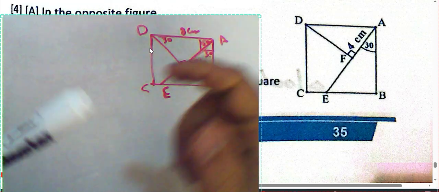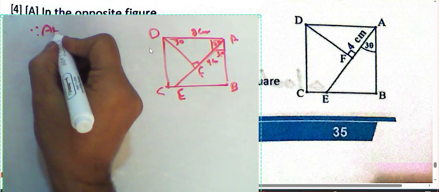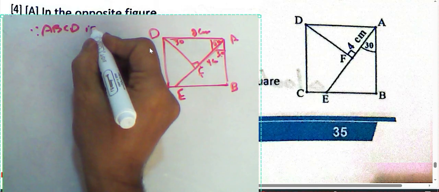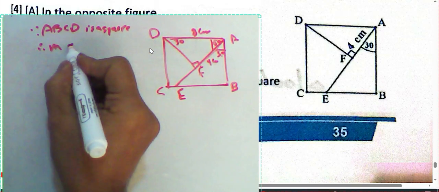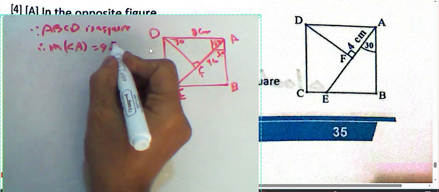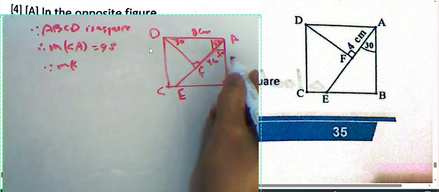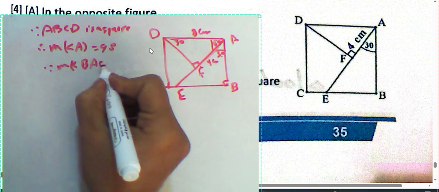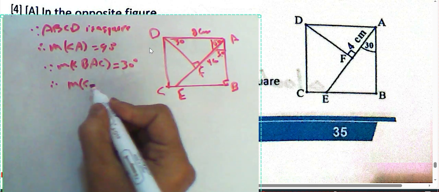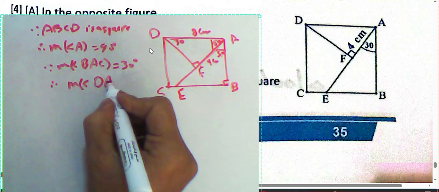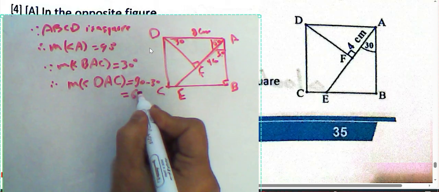Okay, understood. I will write the steps here. Look with me: such that ABCD is a square, then the measure of angle A was 90 degrees, and such that the measure of angle BAC equals 30 degrees, and the measure of angle DAC equals 90 minus 30 equals 60 degrees.